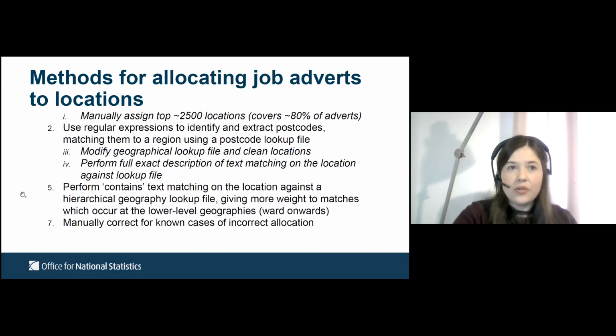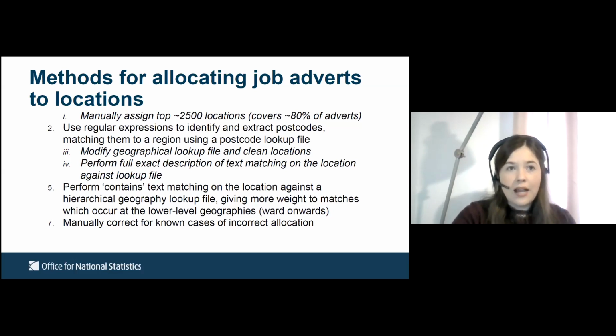And this need for consistency also follows through into the specific methodologies that are being applied. So as part of our development work, we've spent a lot of time considering different methods for allocating job adverts to locations, for example. And what's come across quite clearly is that the different methods that we have implemented will have different impacts on the end results in terms of the time series that you achieve.